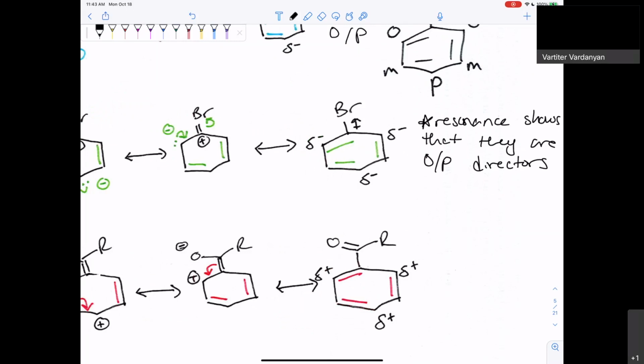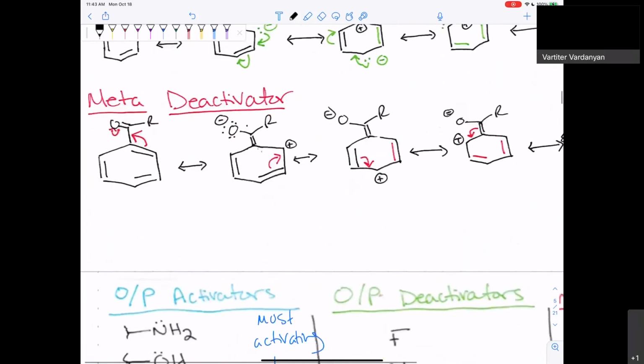Versus the next example, which is another deactivator. And essentially, every single deactivator besides halogens are going to have resonance like this. So when we do the resonance, you can already see from this first one, it's backwards because the electrons are going outside of the ring, not into the ring. So we still have a charge on the ortho and para positions. That's just how resonance works in a benzene ring.